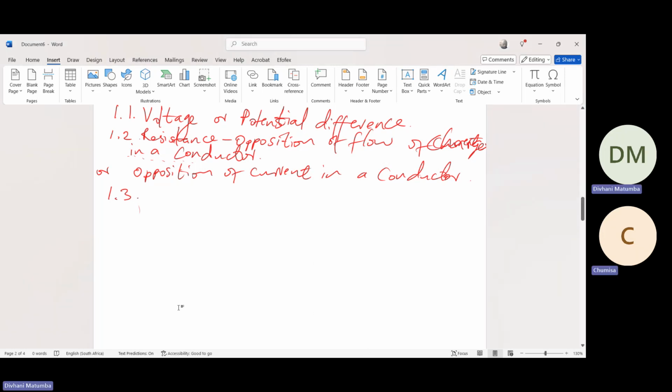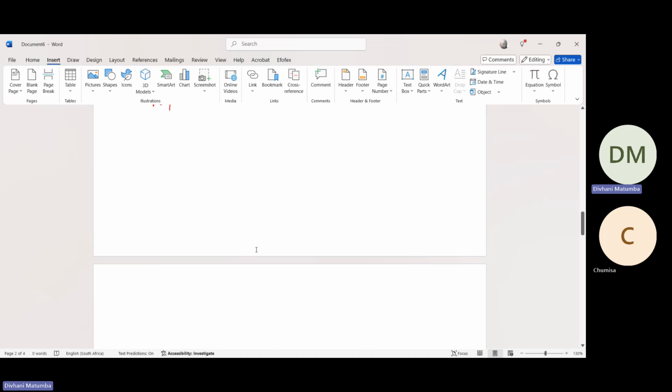We forgot: 1 over RT is equal to 1 over R1 plus 1 over R2. Perfect. Then 1 over RT will be equal to, what do we have?